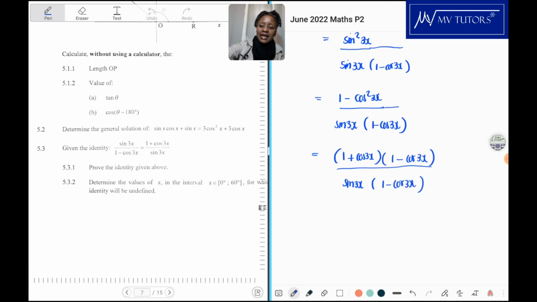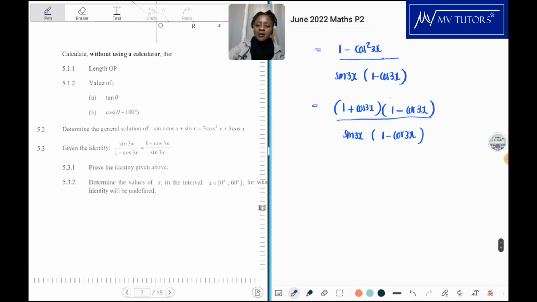So I can cancel out the 1 minus cos 3x, and then I'm left with 1 plus cos 3x all over sine 3x, and that is basically equal to the right-hand side, and we have proved the identity.